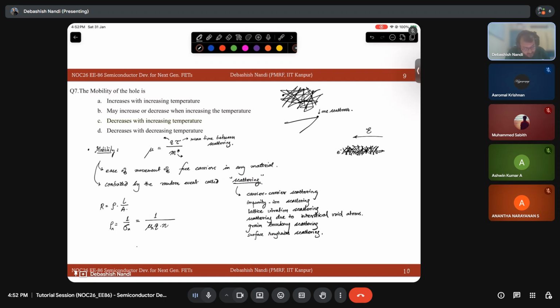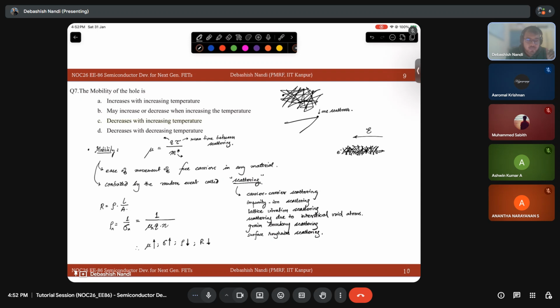Fine. So if you have higher mobility, you will have higher sigma, you will have lower rho, you will have lower resistance, or your flow of current will be easier.